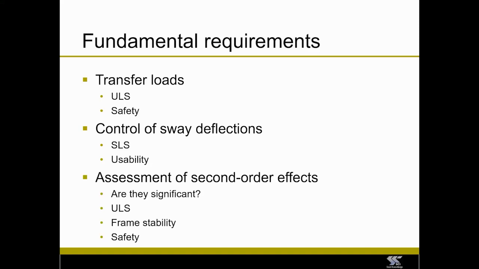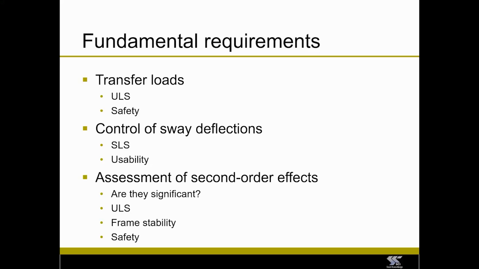And also there's a third requirement, and that is in terms of the frame stability. We want to make sure that any second order effects are taken into account in the design if they are significant. So we need to make an assessment of those second order effects to determine whether they are significant or not.